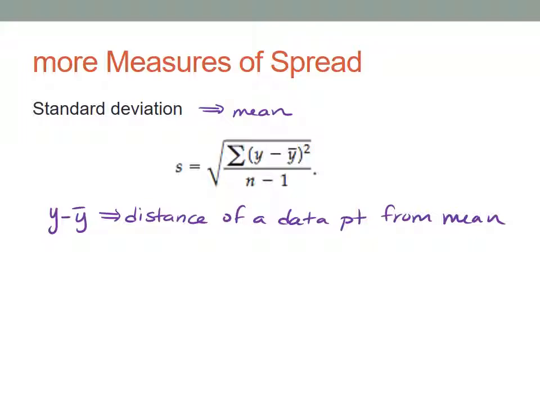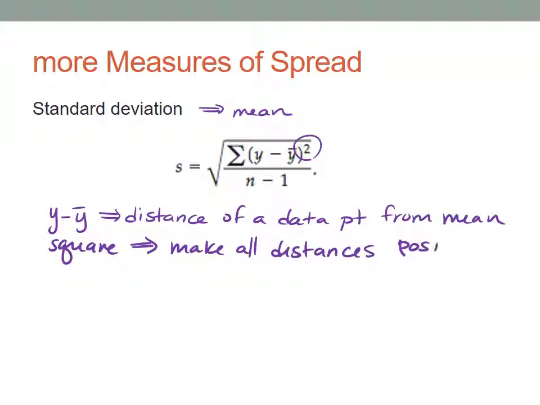Okay, and then they square that value. The reason we square is, remember, it will make all distances positive, and that will be important in a second, and for large differences in distances, it makes them stand out because it makes them larger.